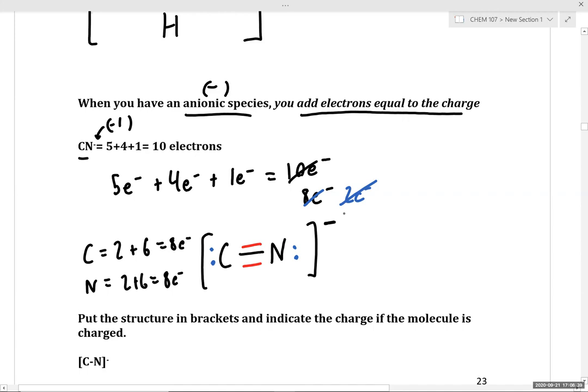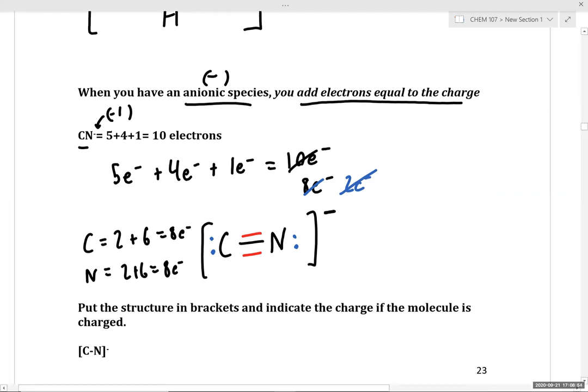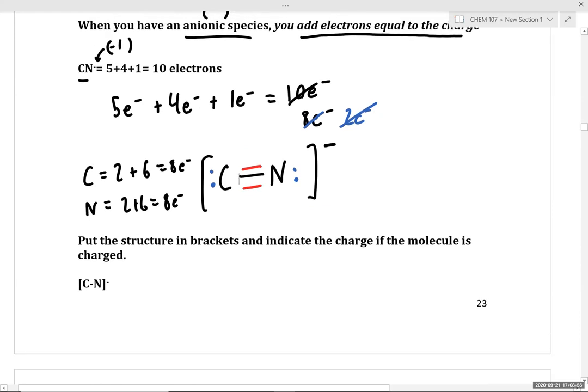Does this example make sense to everyone? Any questions on this example? Okay, so let's keep going with this. Just like before, put the structure in brackets and indicate the charge if your molecule is charged.